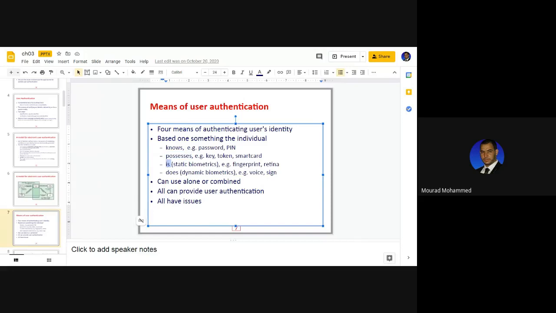To be something, actually to have your fingerprint or your eye print, retina, yes, your body print is to be something. It's you yourself, your body. To do something, to speak, to sign using your hand, something like that.